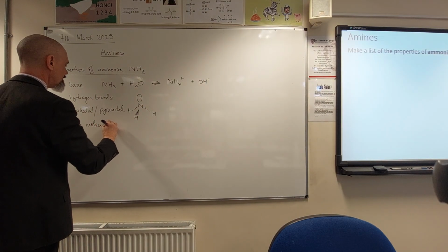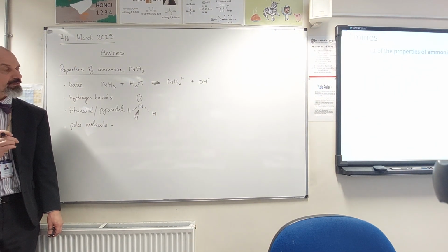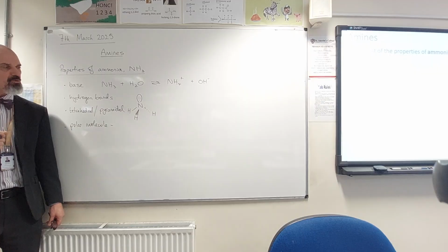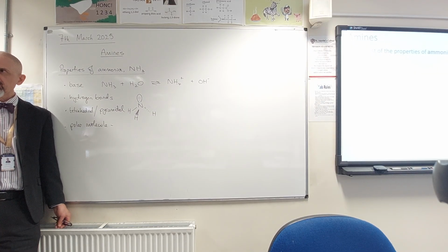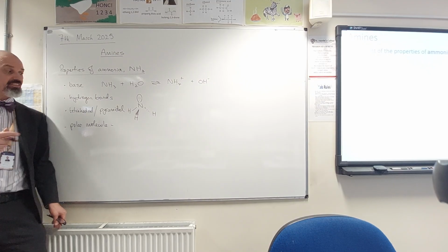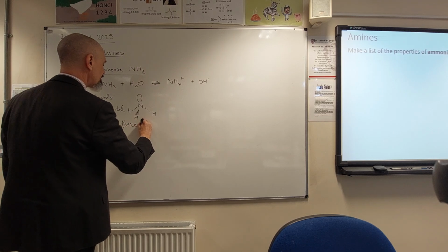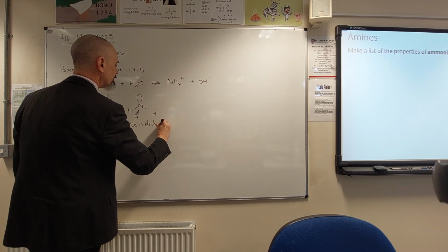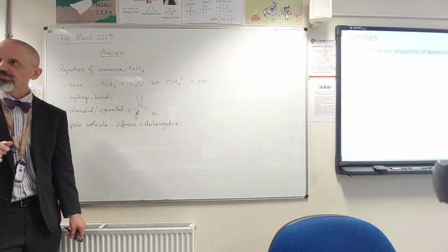Well, the lone pair doesn't count in your assessment of whether it's a polar molecule or not. What is it? Yeah, so difference in electronegativity is always what we're looking for. Which is the more electronegative atom?